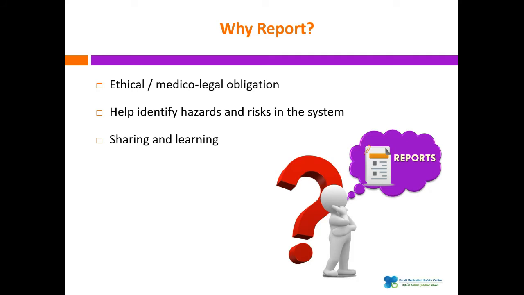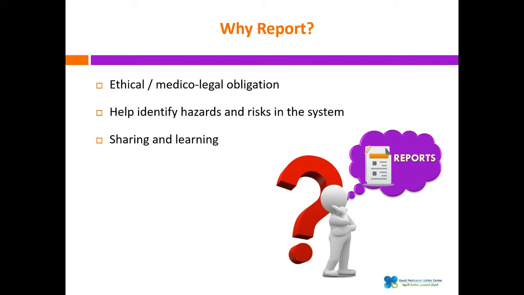So it raises multiple issues about reporting. We certainly have an ethical and medical legal obligation to report. Families have a right to know what happened, but it's just as important to identify the hazards and the risks in our system. Once an error occurs, it's important to report it so that that error never happens again.